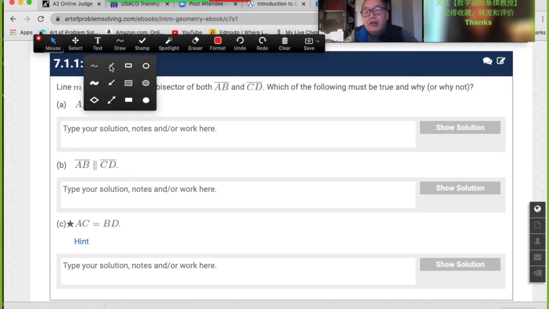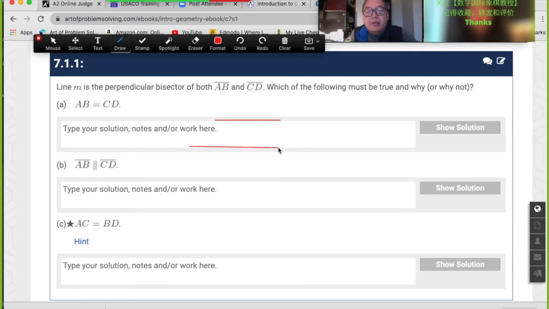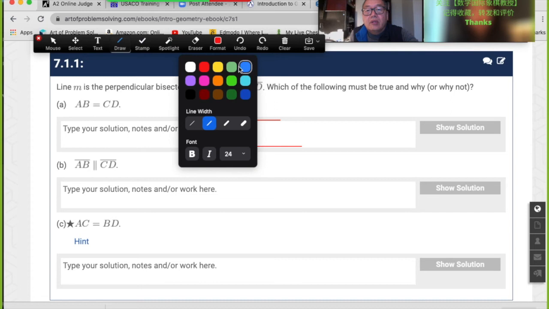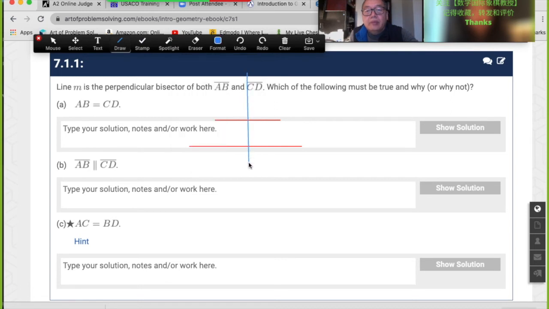Suppose this one is AB, this one is CD, and this is line M, the perpendicular bisector.